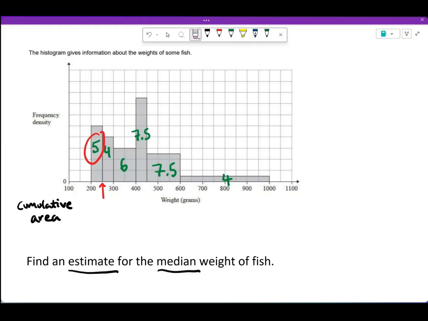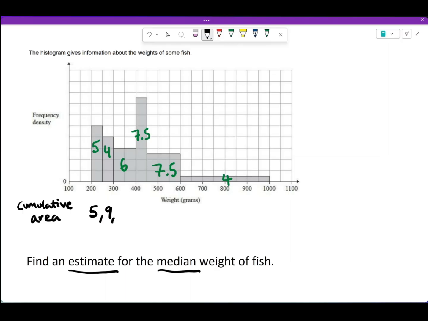So the first value in my cumulative area row is going to be 5. Then up until the end of my next class, we've added in an additional 4 in the area. So we need to do 5 plus 4, and that's going to give me a total area of 9 up until that point. I'm just going to put a comma in between and then a comma after.